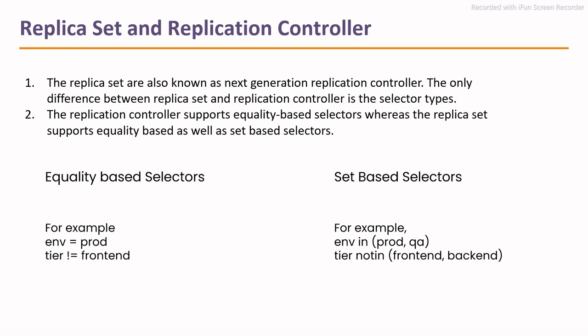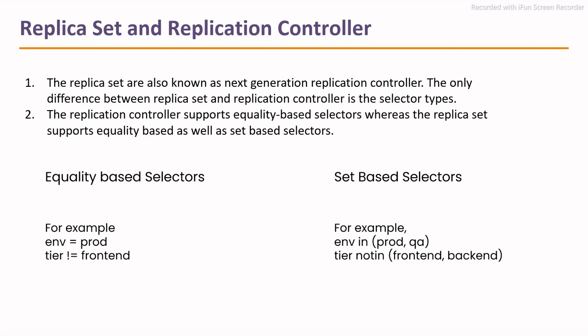Replica set is also known as the next generation replication controller. The main difference is the selector type. Replication controller supports only equality based selectors, whereas replica set supports equality based as well as set based selectors.